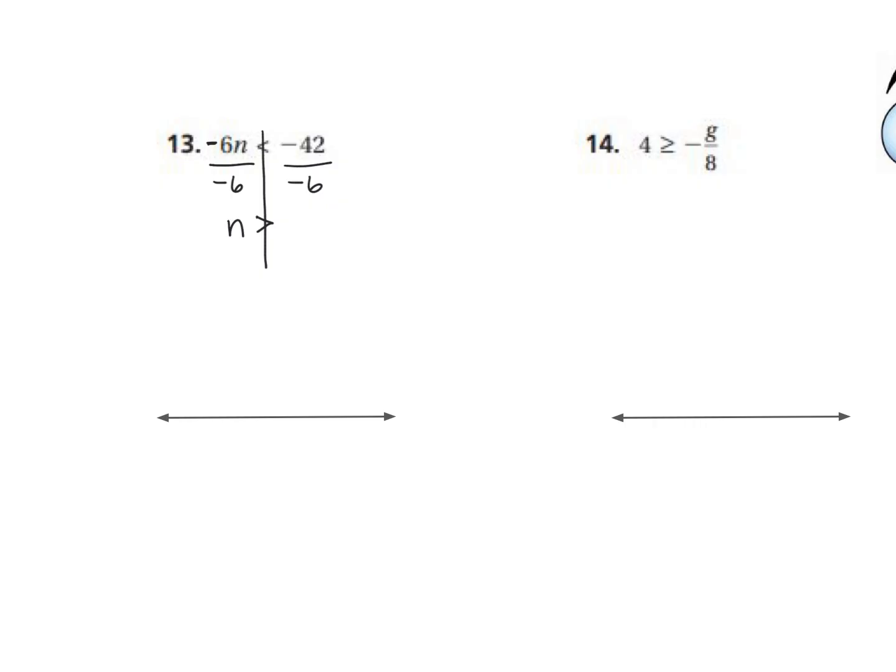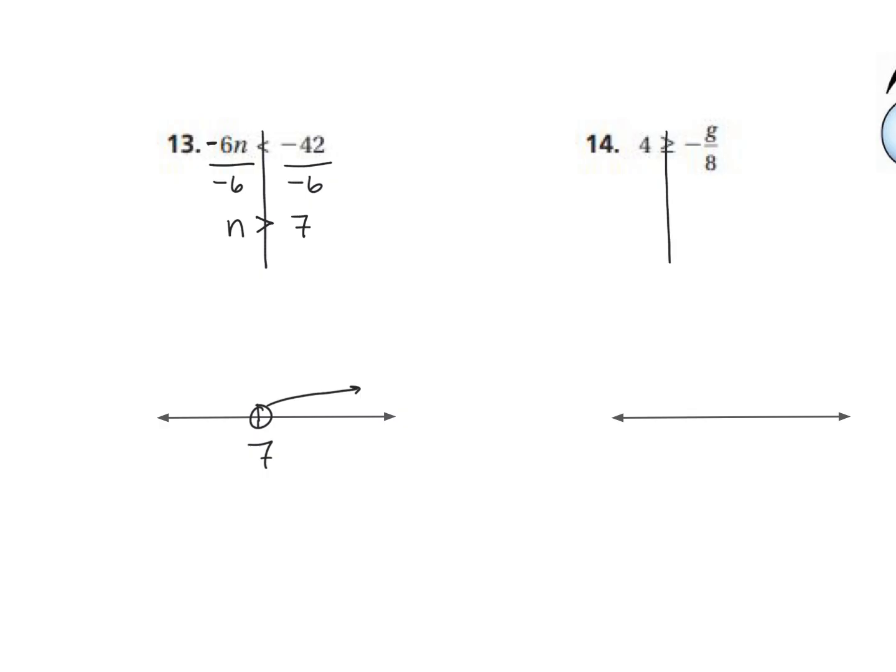Dividing by -6, I'm left with n. Negative divided by negative is positive. 6 can go into 42 7 times. 7 is my reference point. I'm going to use an open circle since there's no equal to bar. And because my inequality flipped, I'm looking for numbers that are greater than 7, so I'm going to go to the right.